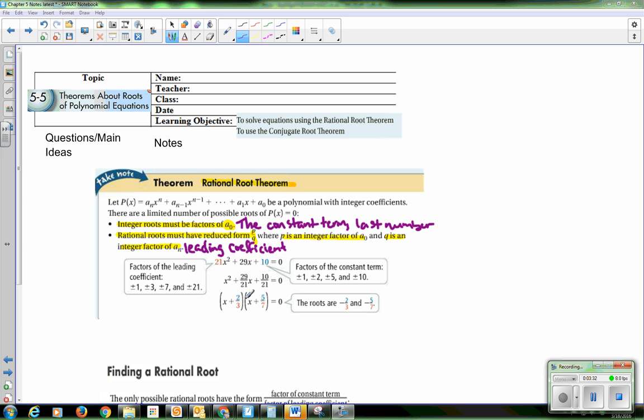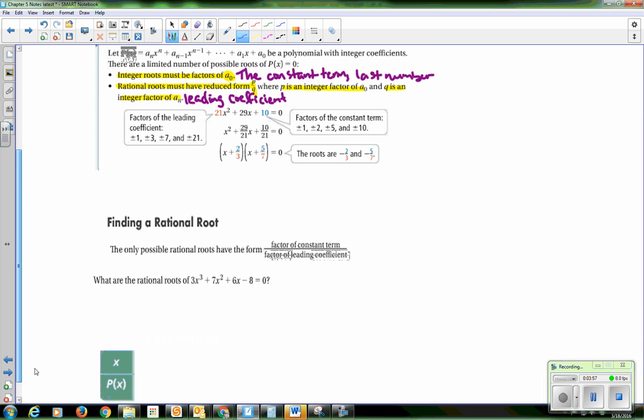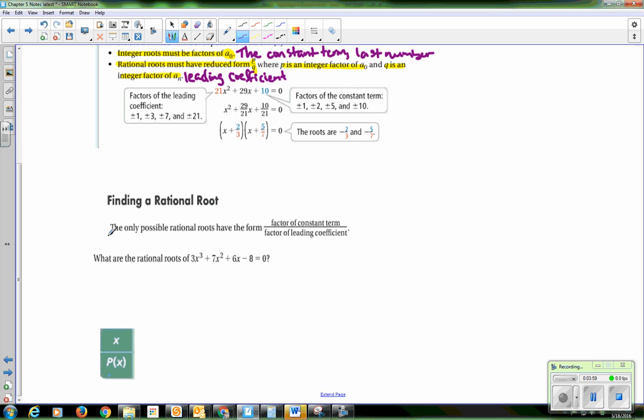You can confirm that the roots, or the zeros of this function, are 2/3, where 2 comes from here and 3 comes from here, and -5/7, where the 5 is from here and the 7 is from here. So we're going to find factors and then get a list of possible rational roots. Let's see another sample of that.